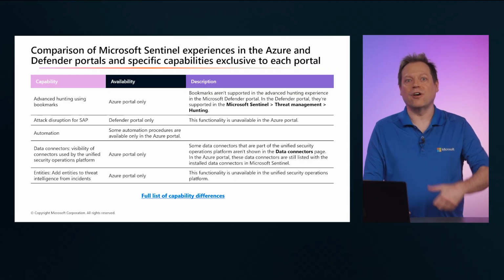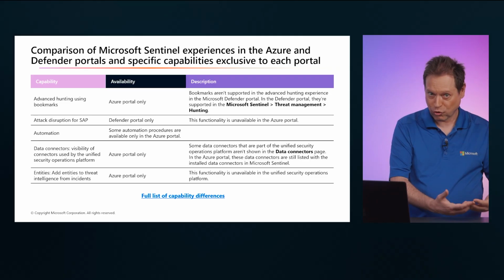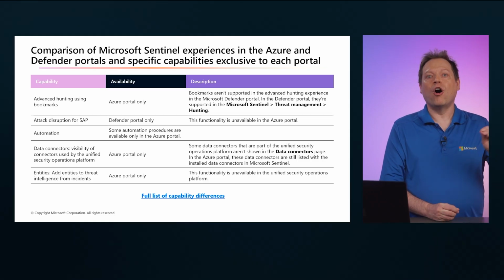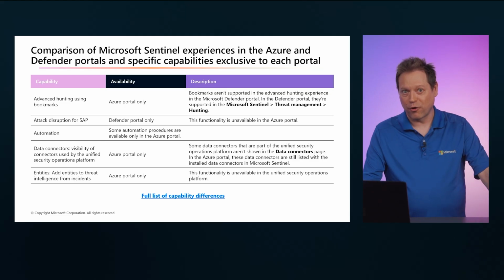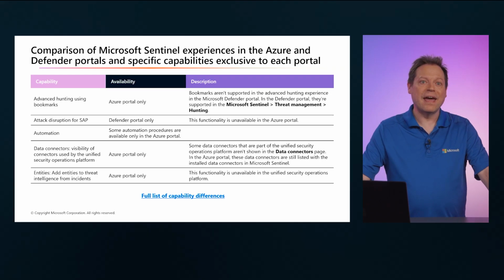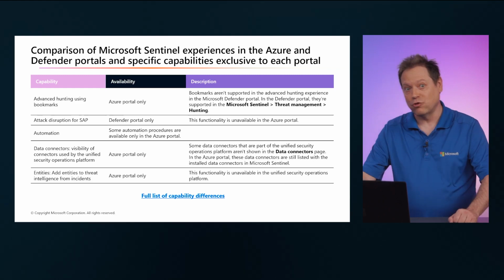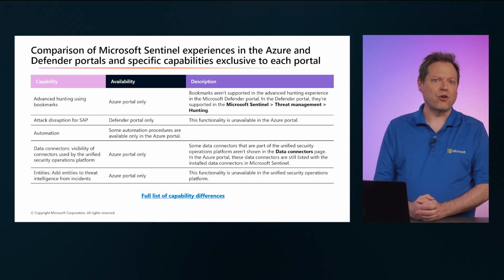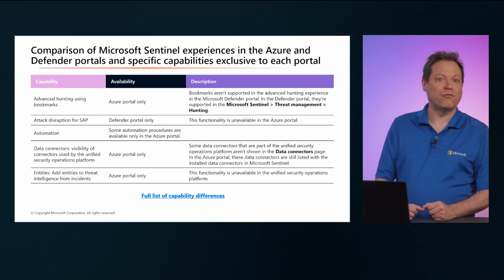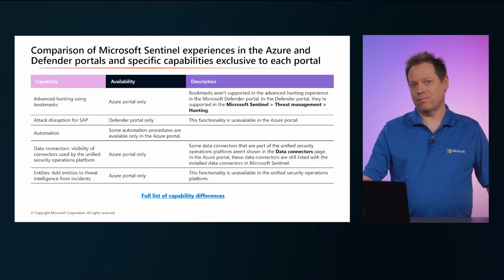Some capabilities, such as bookmarks in advanced hunting, Fusion Analytics, certain automation workflows, and multi-workspace management, are available only in the Azure portal. Other features, such as attack disruption for SAP and specific incident management actions, are available only in the Defender portal. Understanding these differences helps you choose the right portal for your specific task and avoid confusion when a feature is available in one experience but not the other.